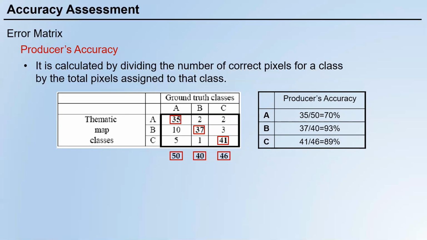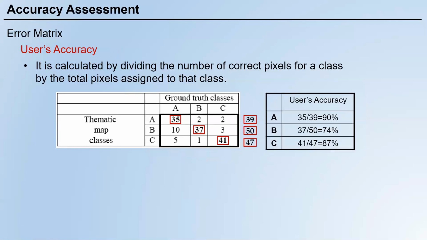Okay, so for user's accuracy, we care about each row here because it's based on the thematic map. The thematic map is something a user would care about. I want to use this thematic map to retrieve information to make decisions.